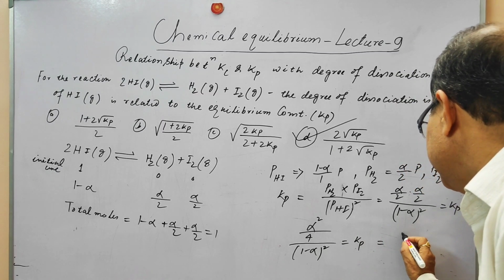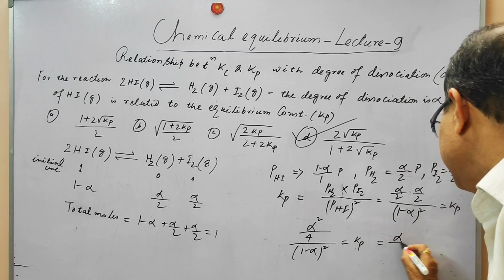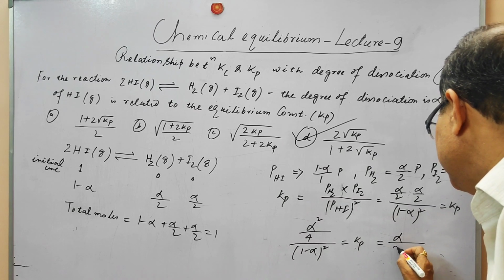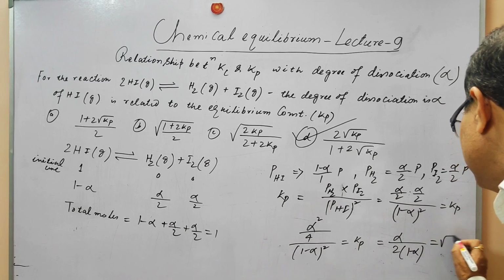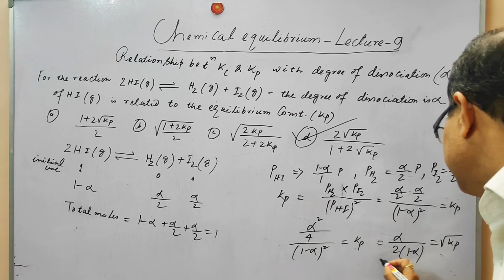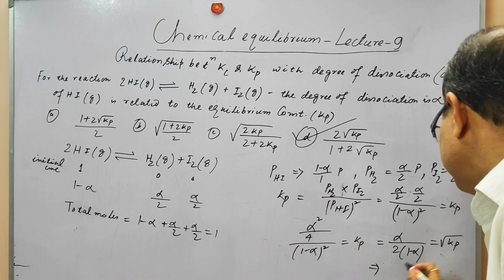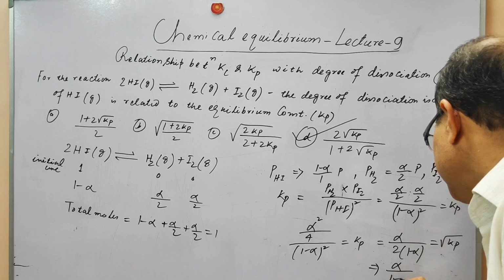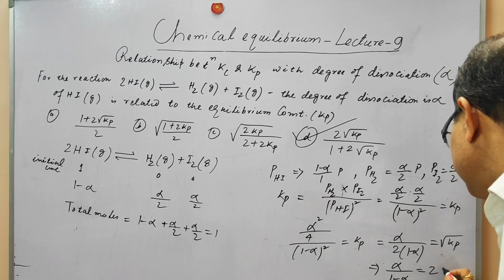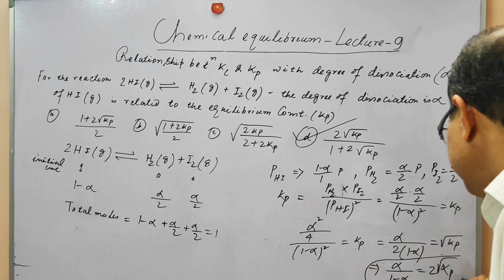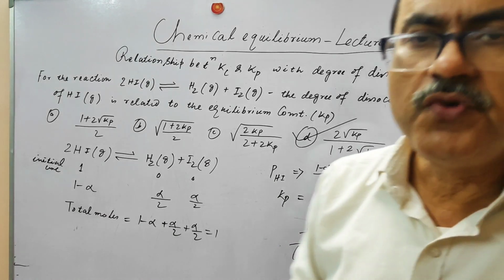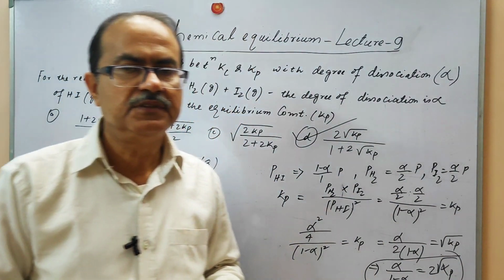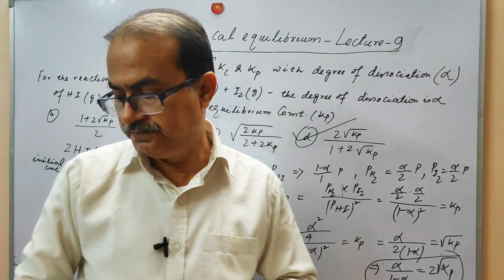Now we can write alpha divided by 2 into (1 minus alpha), that is root over Kp. Then you just put alpha by (1 minus alpha), that will be 2 root over Kp. And if you simplify it, you get this value. In this way, the numericals will come.